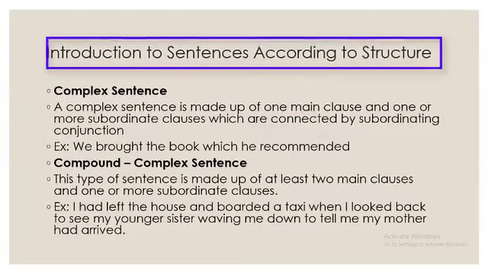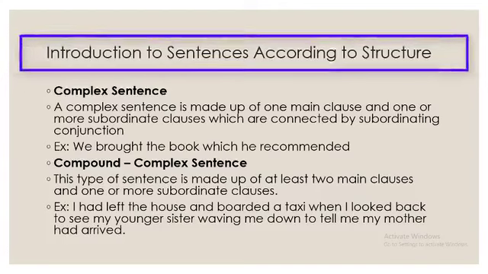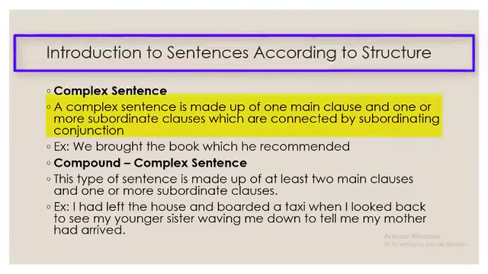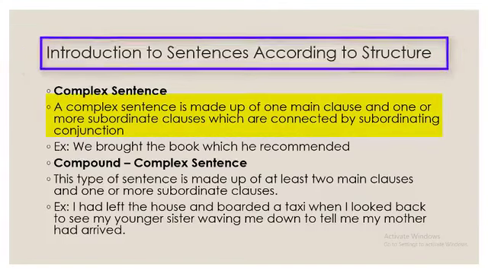Then we have what we call the complex sentence. Now, in a complex sentence, there is usually one or more dependent or subordinate clause, but there is also one main clause.